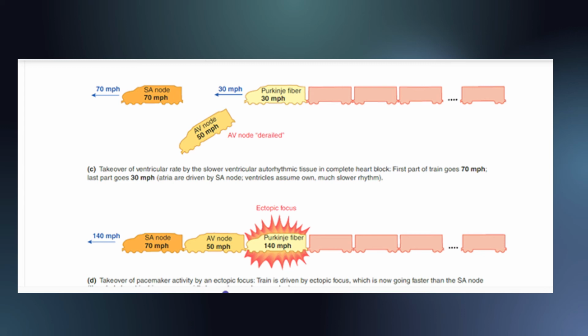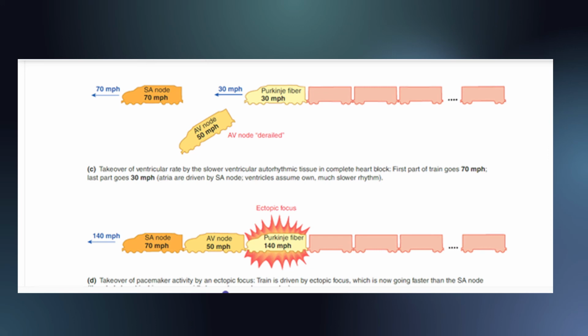And then something called ectopic focus. This is where your Purkinje fibers, for some reason or another, act up. They start beating really fast, actually faster than your SA node does. When that happens, you have what's called an ectopic focus.